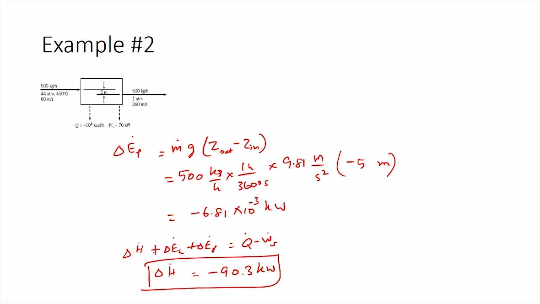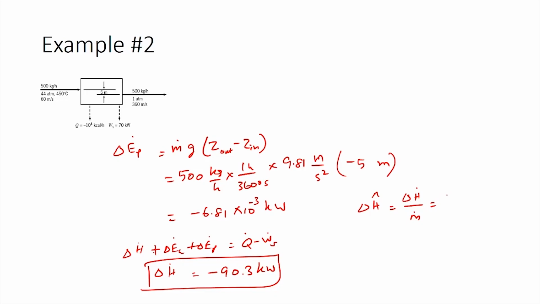The problem asks us to calculate the specific enthalpy change. So, this is the total enthalpy change for the system. We now need to calculate it in terms of specific enthalpy change. This means this value needs to be divided by the mass flow rate. So, delta H cap would be delta H dot divided by m dot. Here m dot is 500 divided by 3600 kilograms per second.